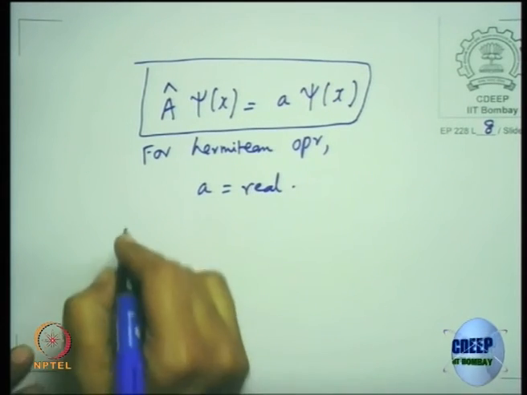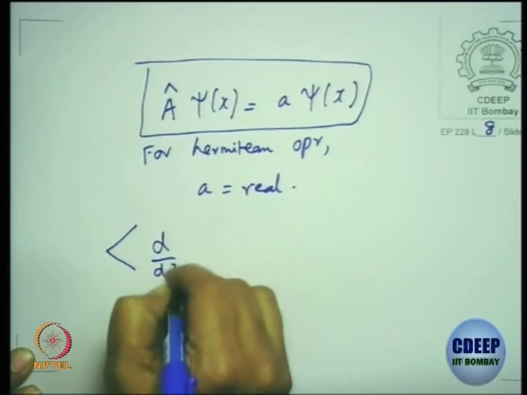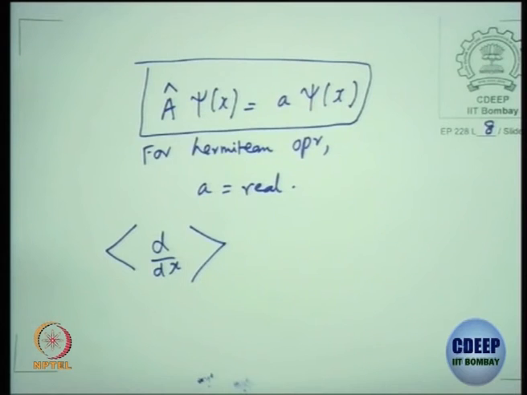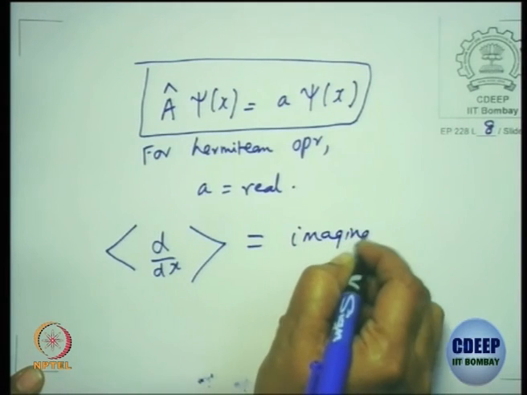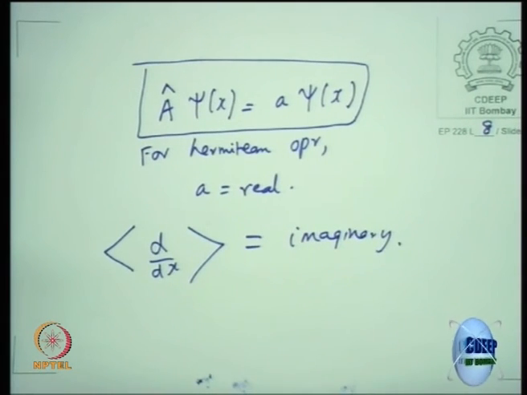When you take the expectation value of the d by dx operator, you can show this to be imaginary. Have you tried this in your particle in a box? Please do this. Take the particle in the first excited state or the ground state or any state. Find the expectation value of d by dx.